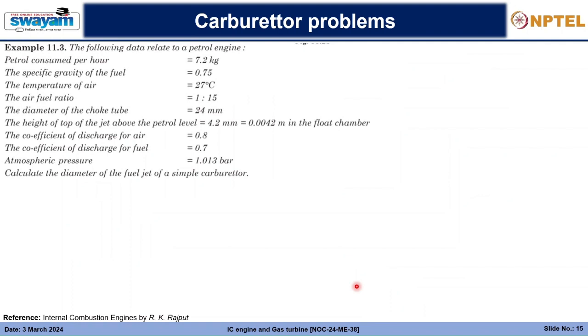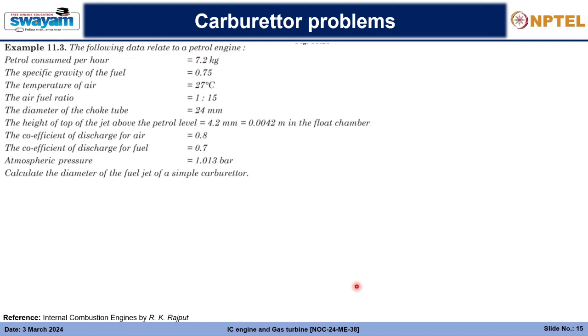Now the third problem: the data sheet is given for the third problem. We are given the petrol consumed per hour, that is 7.2 kg. The specific gravity of fuel is given. Temperature of air is given. Air fuel ratio 1 is to 15 is given.